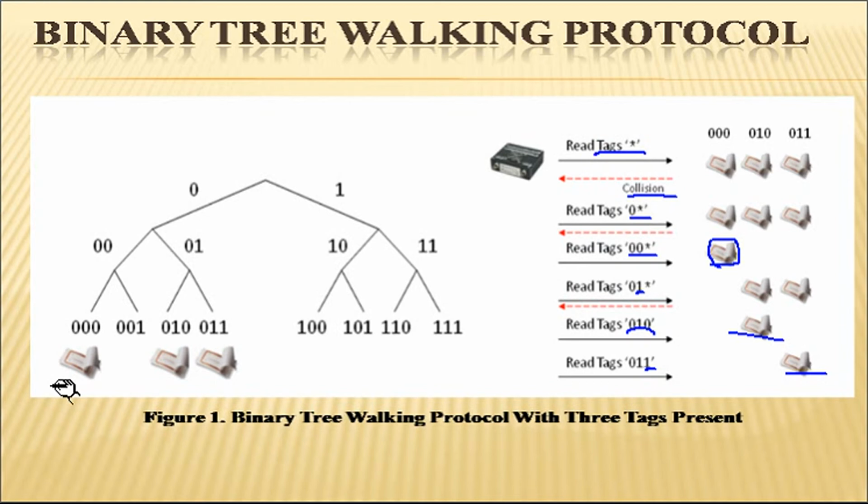So the solution we can provide here is that the reader has to traverse the tree one bit at a time. That is, the reader never explicitly sends any prefixes, but uses only the command transmit next bit. So tags in turn only reply with the nth bit of their UID, not with their full UID.